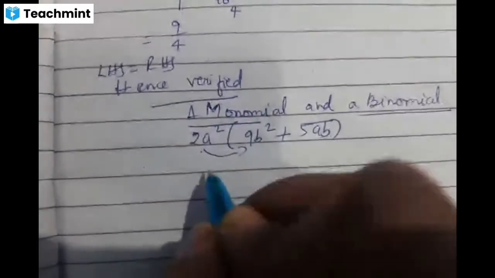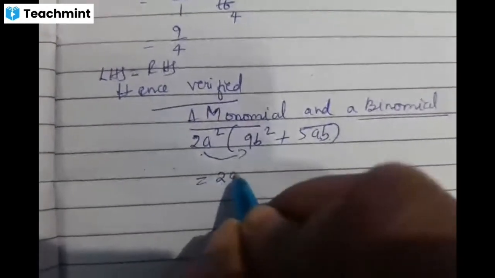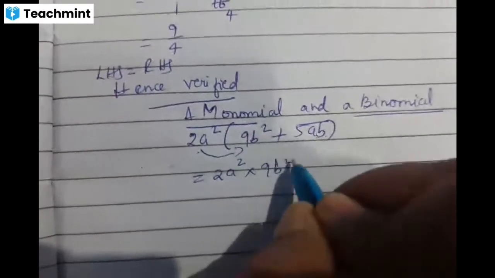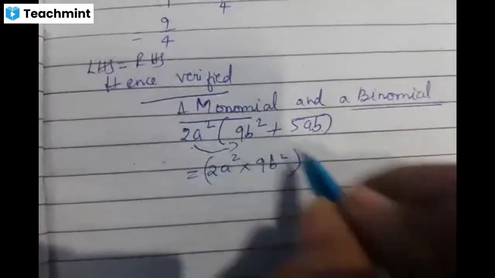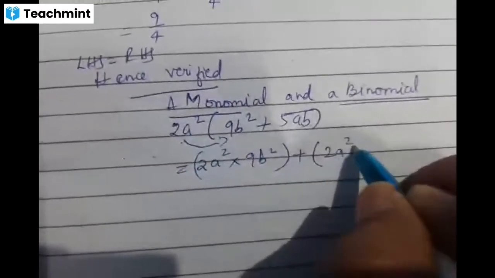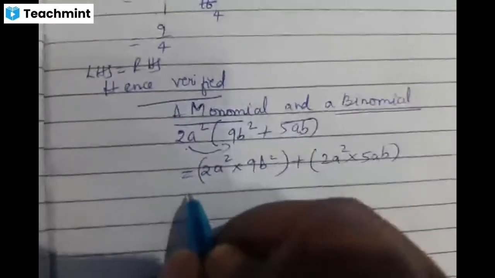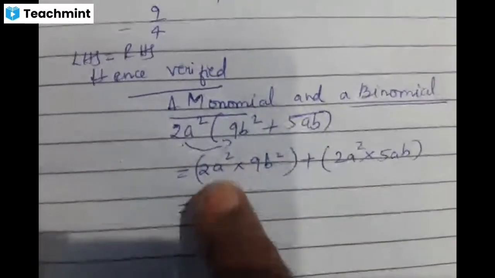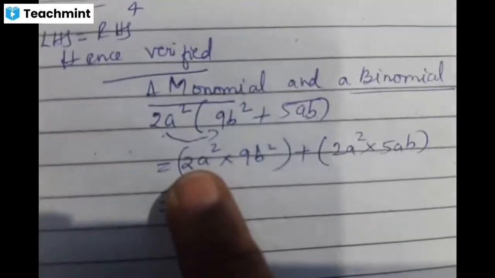So here, first we are going to multiply 2a square into this term, that is 9b square, and then plus sign as it is. Again outside is 2a square into the second term 5ab. Now we know how to multiply the monomials. We have done it in worksheet 1, children.